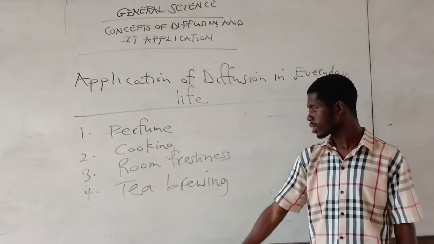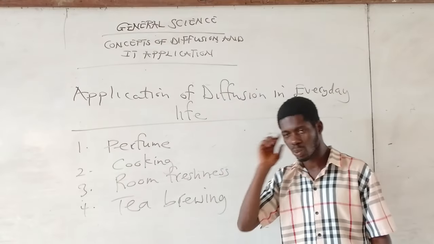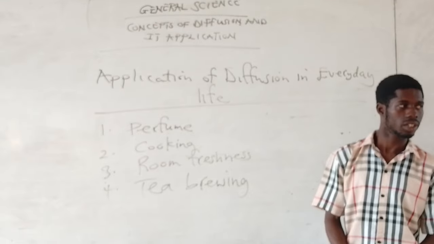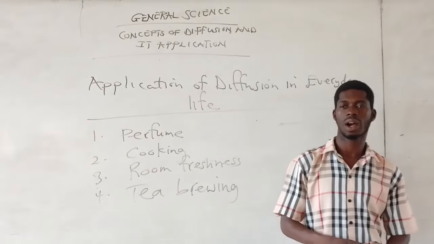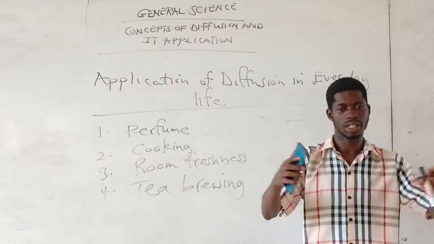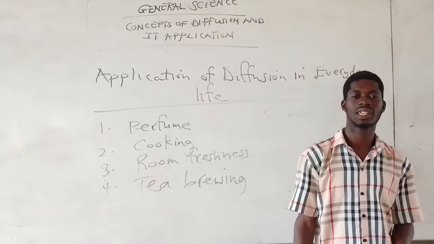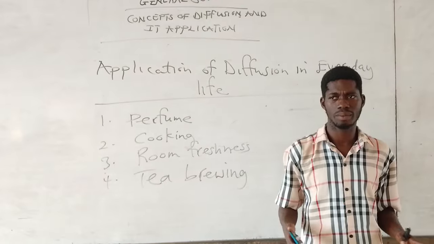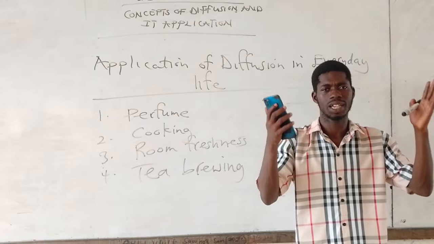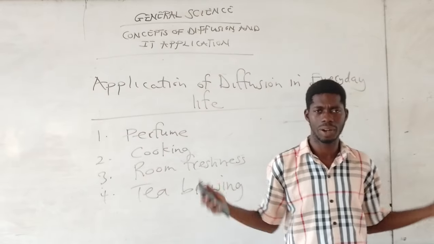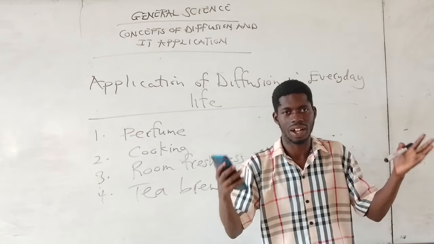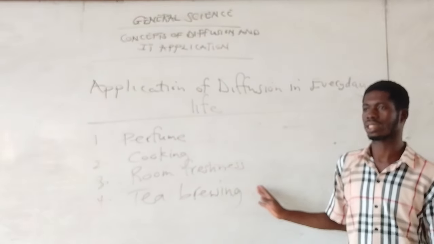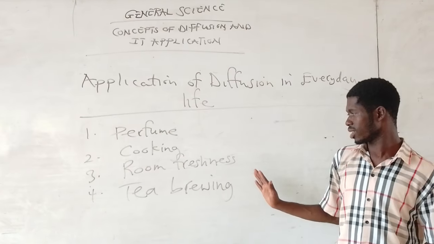Now the fourth one, which is the last one: tea brewing. In the morning, if you put your coffee or tea into hot water, you can see some vapor coming out, and that vapor gives a nice smell, due to the rate of diffusion.